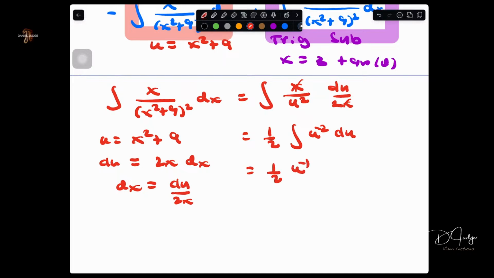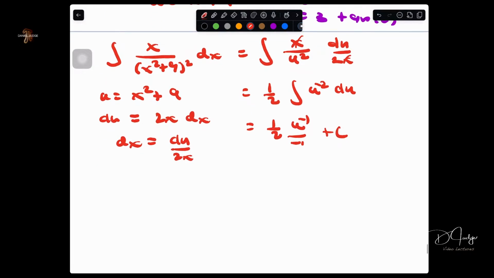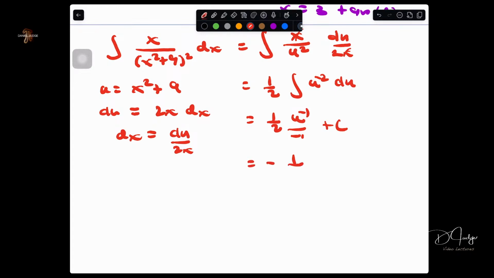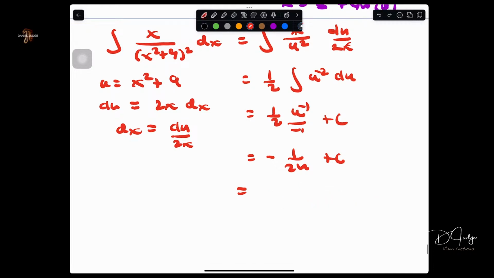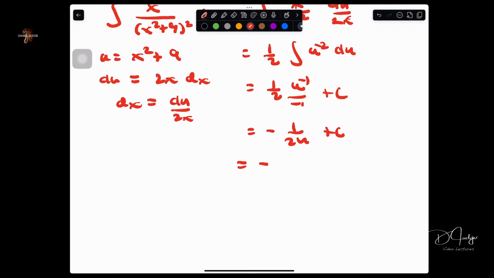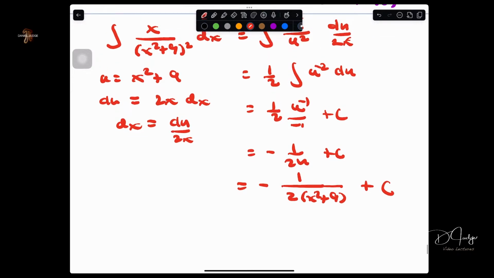That's 1/2 u to the minus 1 over negative 1 plus c, so negative 1 over 2u plus c, which is negative 1 over 2 times (x squared plus 9) plus c.